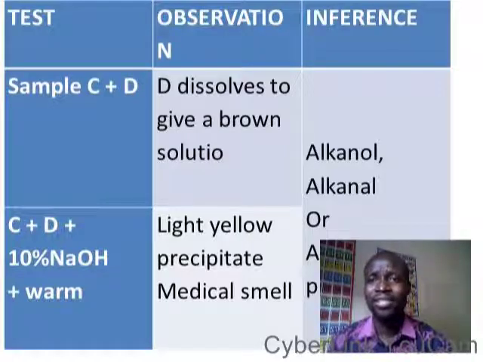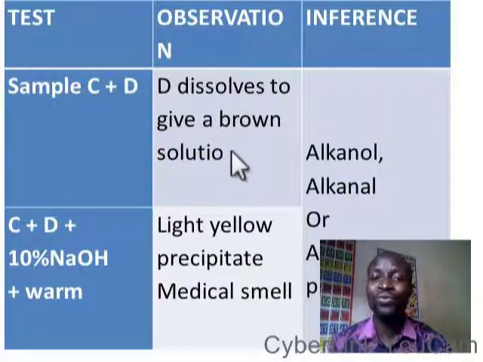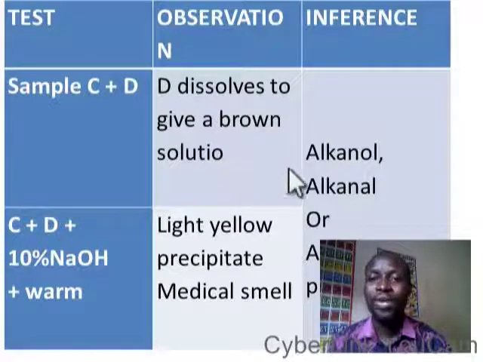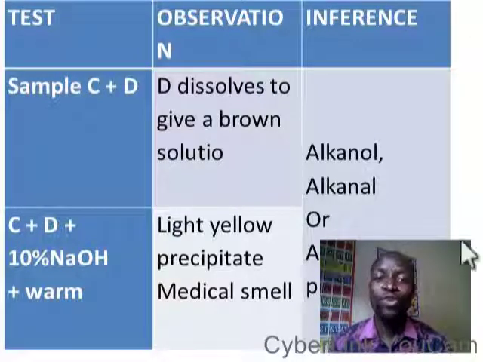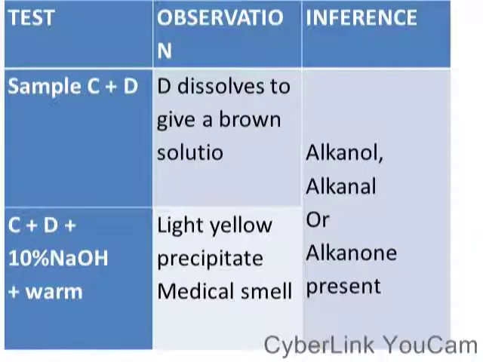Look at this. Test, observation, inference. When we added C and D together, D dissolves to give a brown solution. Look at the inference. It shows that C could be an alkanol, C could be an alkanal, or C could be an alkanone. If you don't write alkanone, you could write ketone. It's either ketone or alkanone is present.